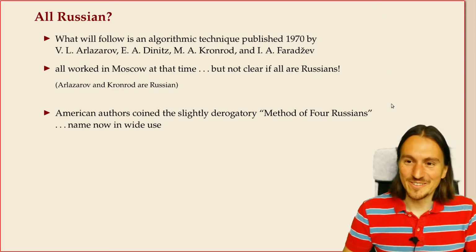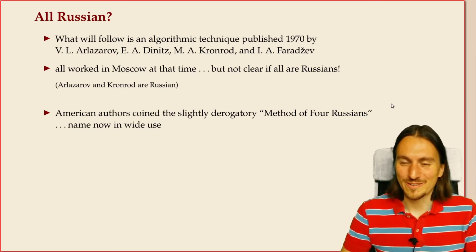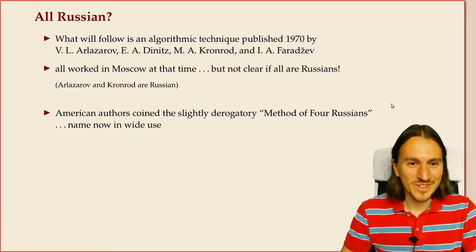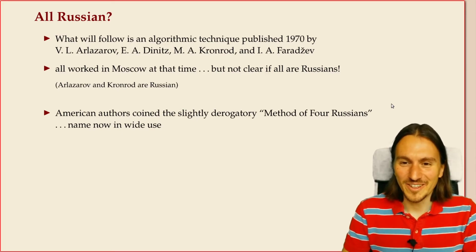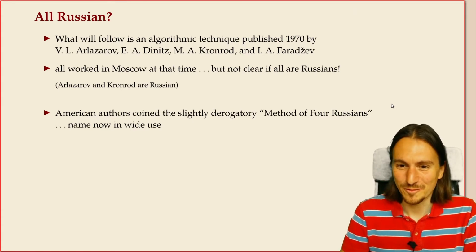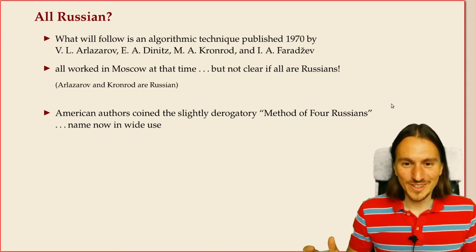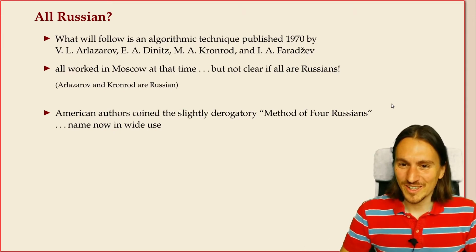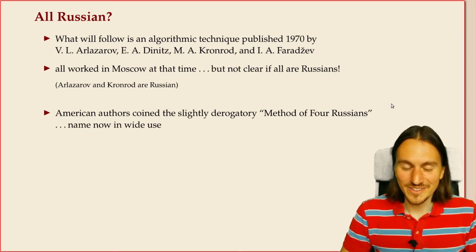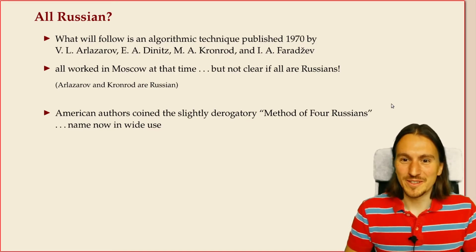And unfortunately, American authors, ignoring that fact, use this method of 4 Russians nevertheless. Not giving them the honor of mentioning their names is bad enough, but it's also factually wrong, because it's probably not 4 Russians. Unfortunately, the name got stuck because it was coined in the 70s, you remember what happened in history at the time.